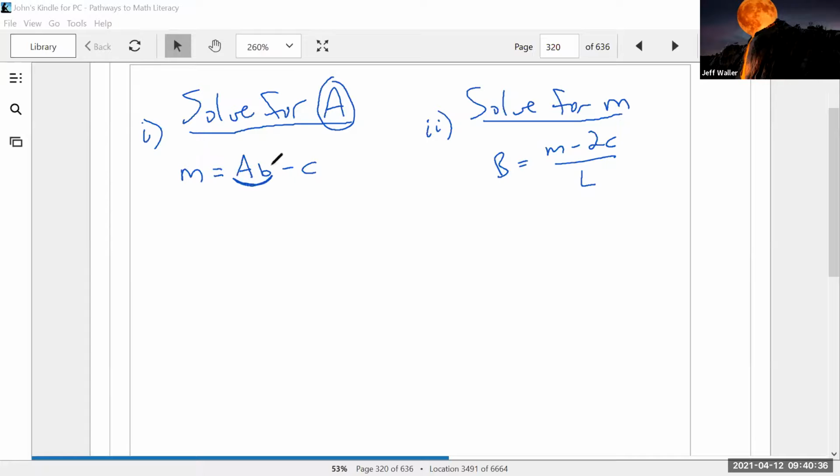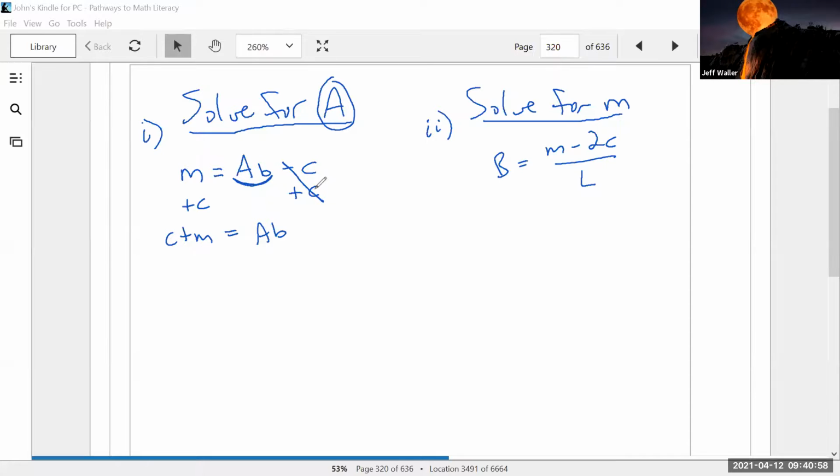You try to get this thing by itself first. I'm going to add C. So it kills that. So what do I get then? C plus M. All right, that'll work. C plus M or M plus C equals AB, because this other piece canceled.